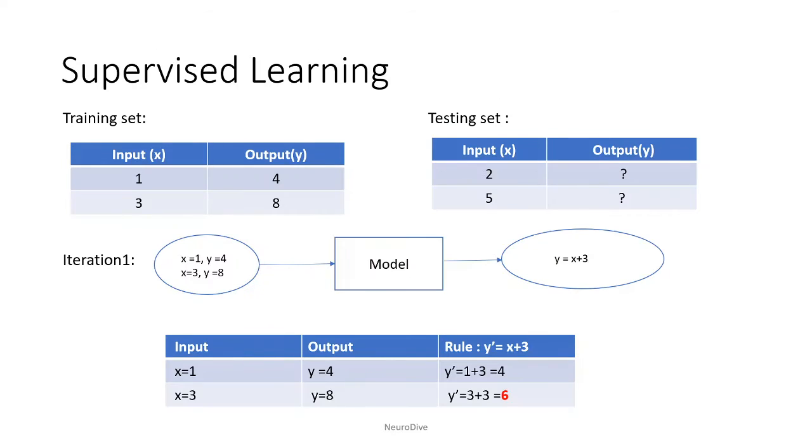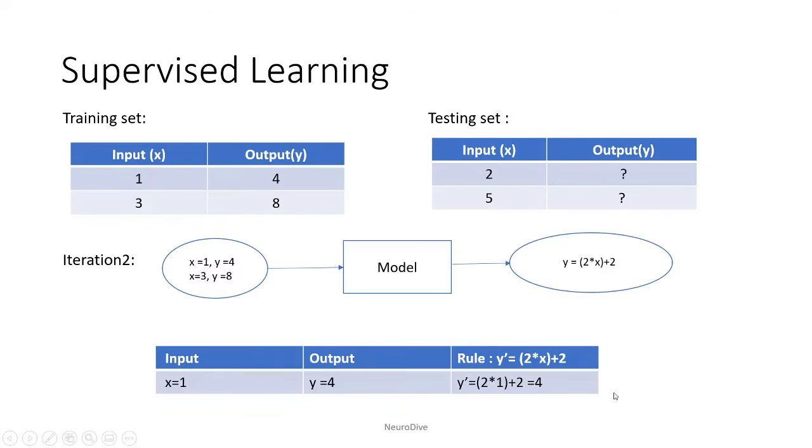Now it fits the same rule to another data point where x equals 3, and it gives the predicted value as 6, whereas the actual value of y is 8. So this rule x plus 3 is incorrect. Now our model relearns and tries to fit a new rule to this data point, and it comes up with the rule, suppose, 2 into x plus 2.